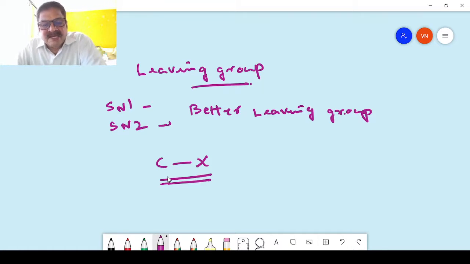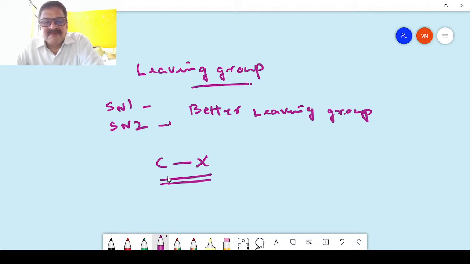Now the thing is X, the leaving group. With a better leaving group, the rate of the reaction of SN1 and SN2 will be increased. The better leaving group will be more willing to accept the electron pair in the C-X bond, because when cleavage of the C-X bond takes place, the leaving group leaves with the electron pair in the bond.